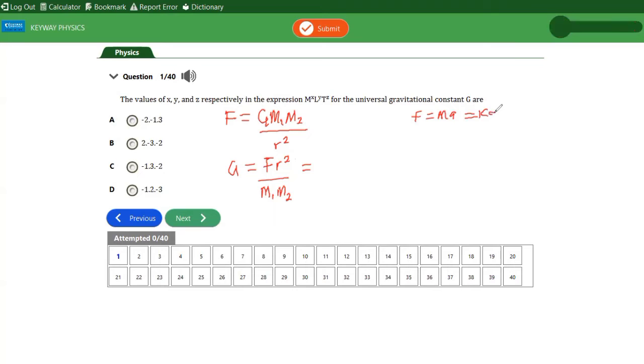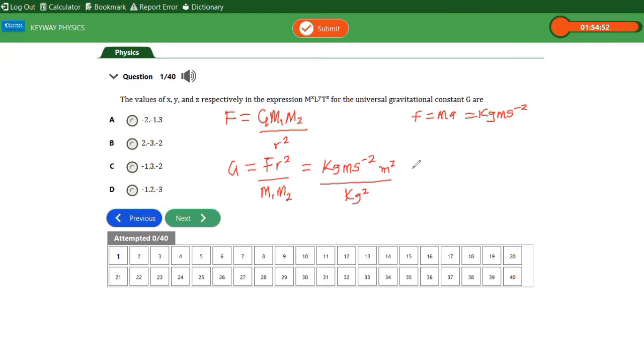That will be kilogram, the unit of mass, meter per second squared, that of acceleration. So I'm going to put it here: kilogram meter per second squared. Then the unit of radius, the distance apart, R, is meter, so I'm going to have meter squared. Then all over, the unit of mass is kilogram, so I have kilogram times kilogram, that will give us kilogram squared.